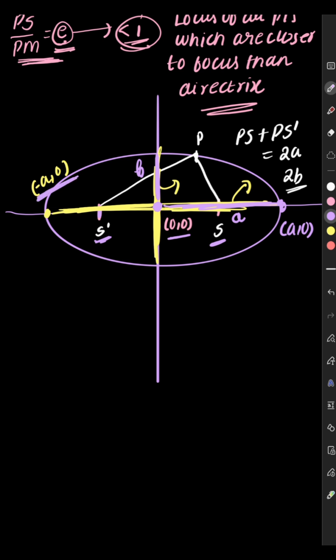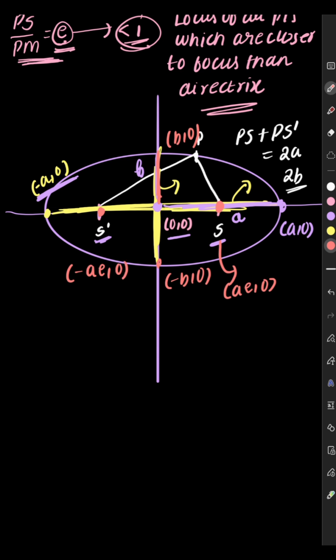This point is minus A, 0. Now this point is B, 0. This point is minus B, 0. The focus coordinates are AE, 0 and minus AE, 0.